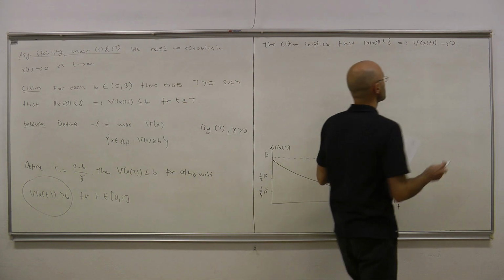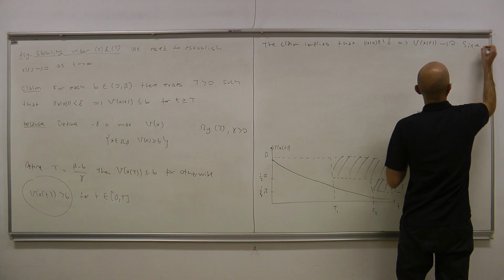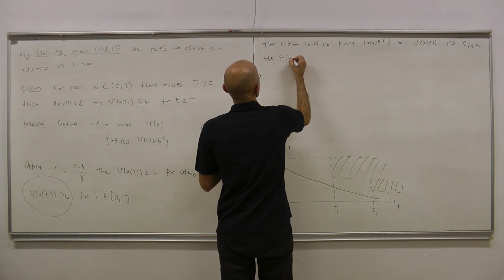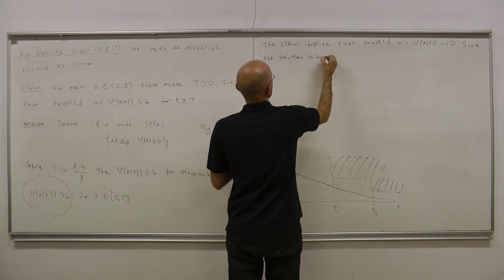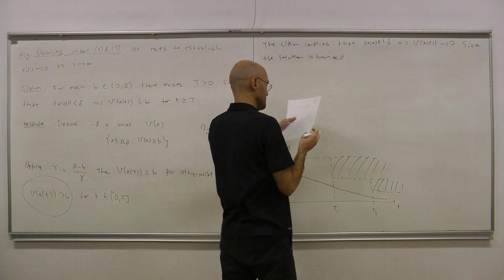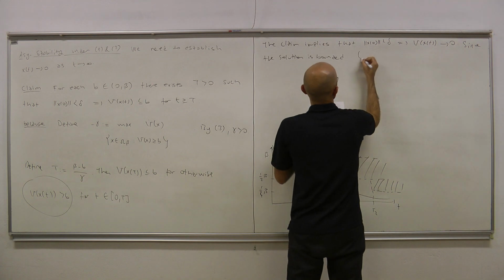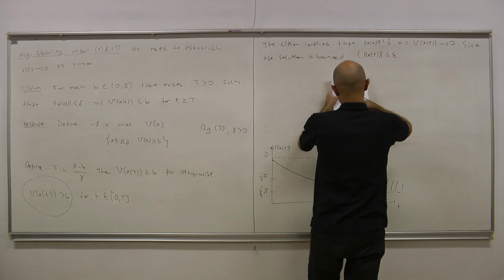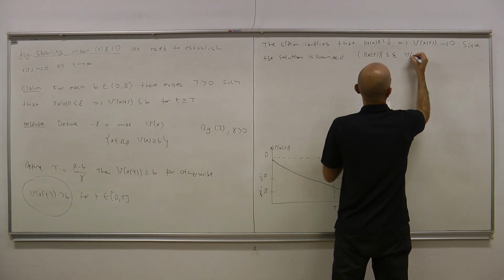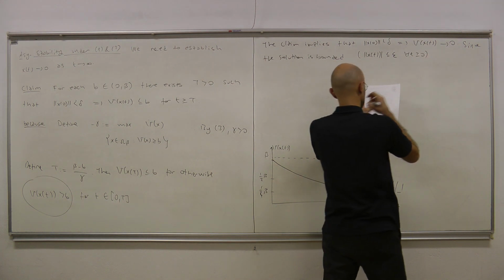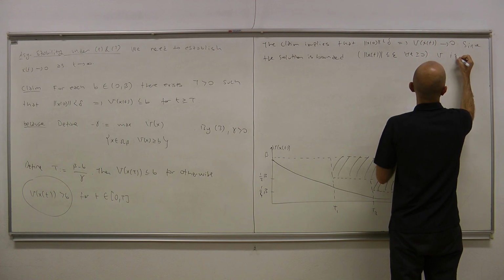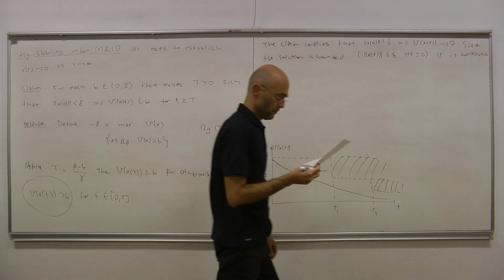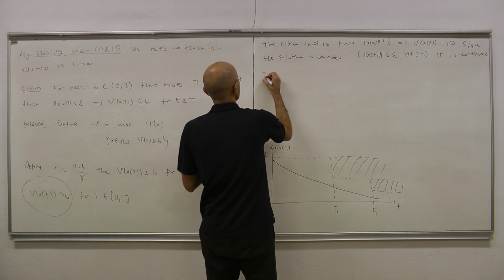Why is that? It's because the solution is bounded, that is, the norm of x of t is less than or equal to epsilon for all t positive, and v is continuous by assumption and positive definite.